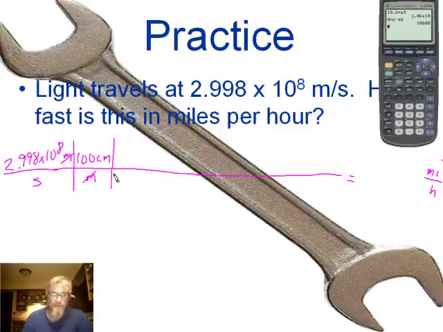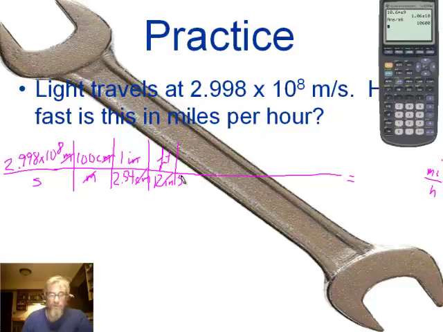Here's why I did that: the one thing I can remember is 2.54 centimeters is the same thing as 1 inch, and this factor will get me into my English system. Well, now that I'm there, I know that there are 12 inches in a foot, so I'll use this factor to change to feet per second, but that's not what I want.